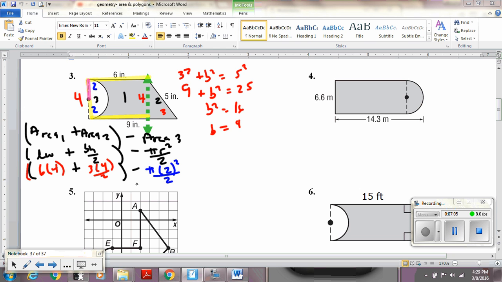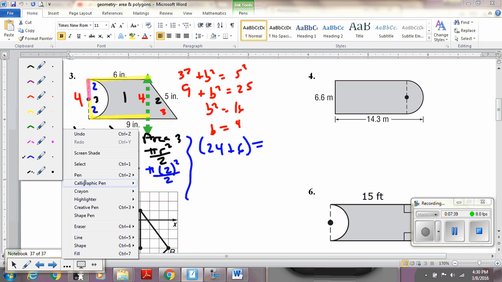Now, there's a lot of parentheses involved in this one. You probably want to multiply it out yourself before grabbing the calculator, which will save you some button pushing. I know that 6 times 4 is 24. Plus 3 times 4 is 12. 12 divided by 2 is 6. So that's the area of my rectangle and the area of my triangle. And I need to subtract.